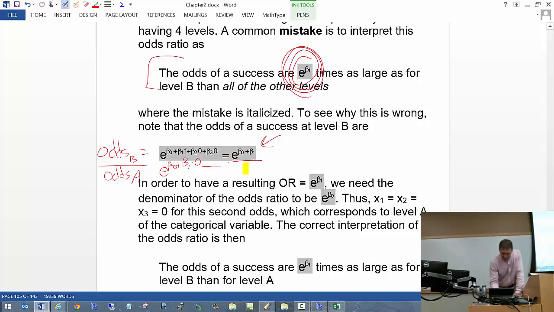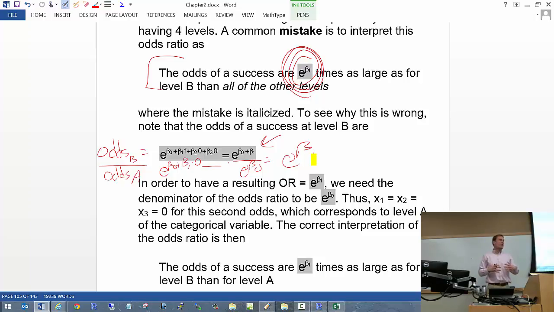And so that's divided by e to the beta 0. So e to the beta 1 is not a comparison of the odds for level B versus everything else, but instead it's a comparison of B to A.